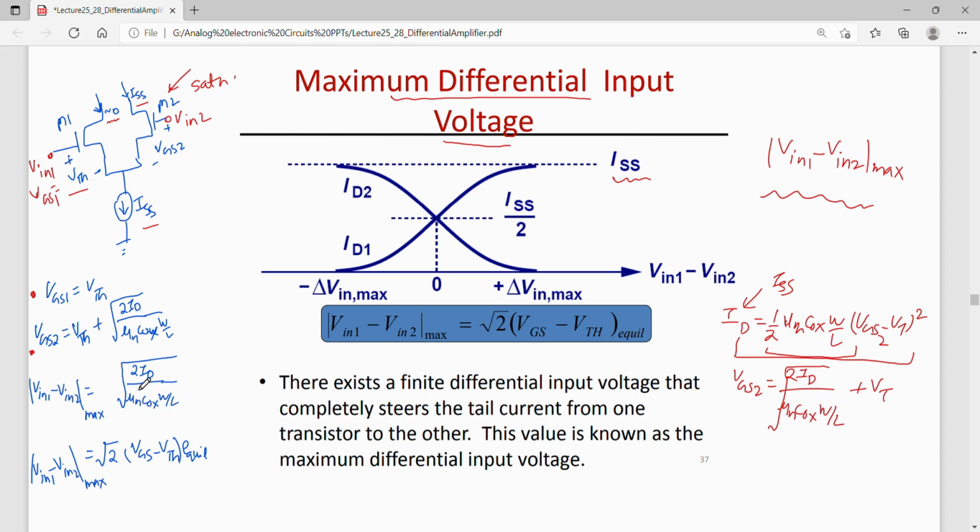Now again, this can be written in terms of VGS minus VT, because in the drain current in saturation equation I have the VGS minus VT term. So the maximum differential input voltage is equal to root 2 times (VGS minus VT), the overdrive voltage. This is the maximum differential input voltage which will cause the entire drain current to steer in one of the transistors.